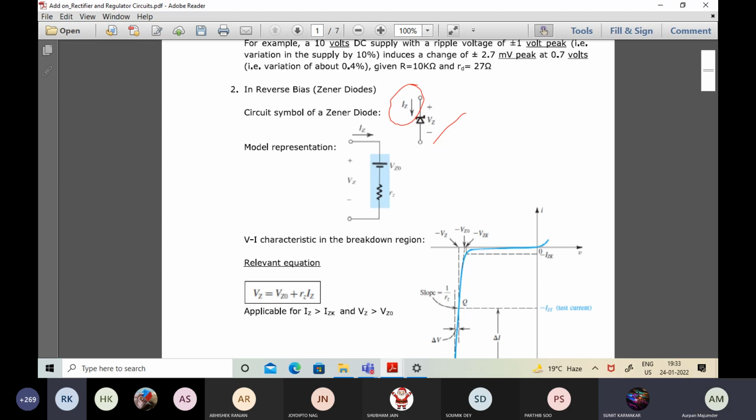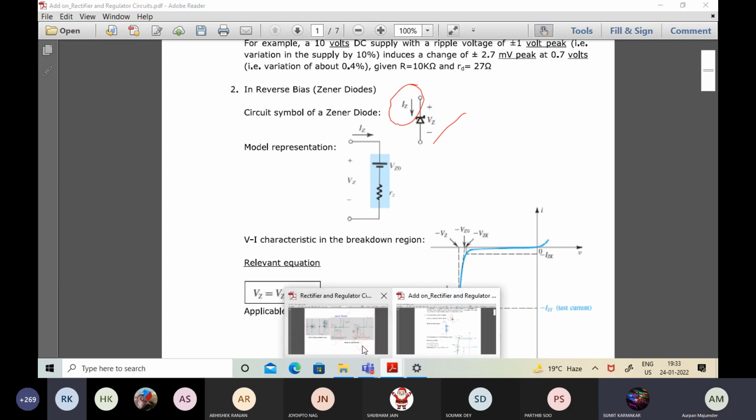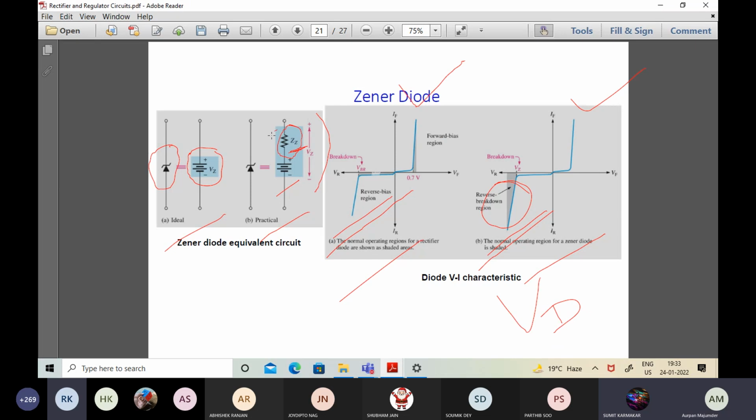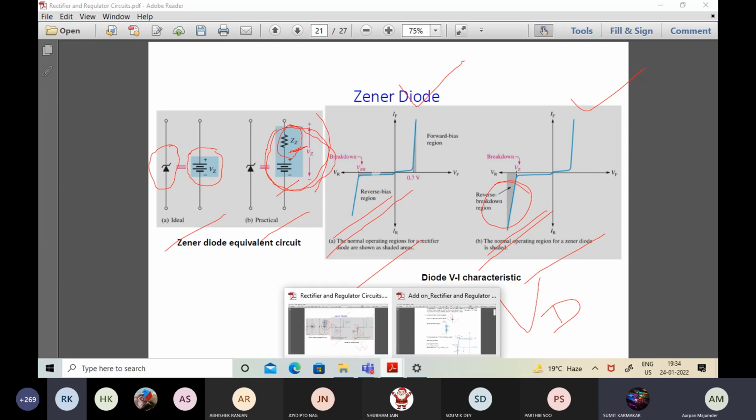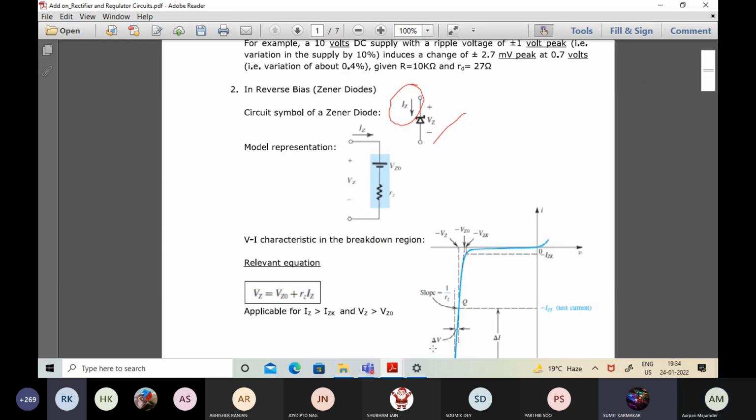Very simple. Now the model representation which has been shown over here, this one on which I am encircling right now, has been clearly mentioned in this diagram. Look at this case. What are the components?